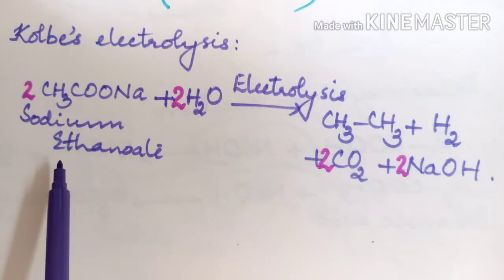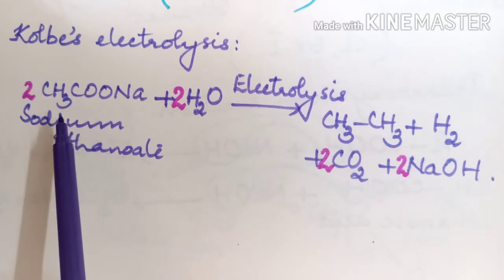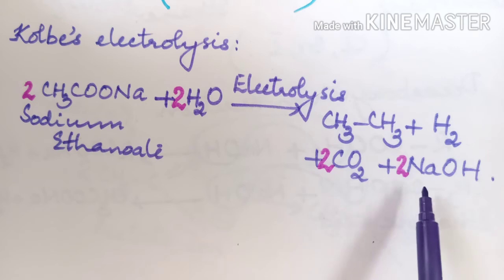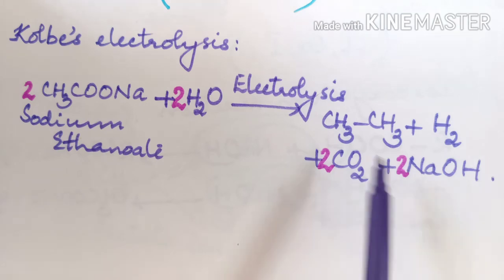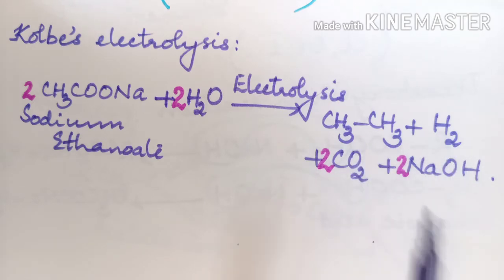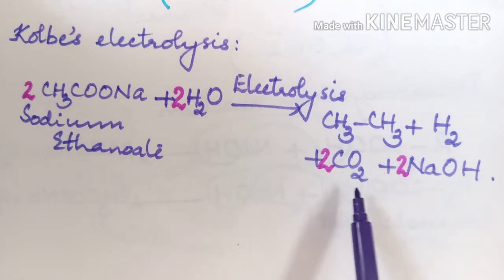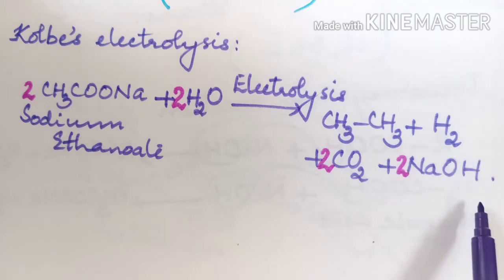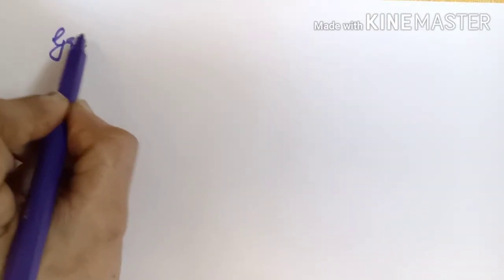In the electrolysis of sodium ethanoate, we got ethane, hydrogen, carbon dioxide and sodium hydroxide as the products. Ethane and carbon dioxide are obtained at the anode, whereas hydrogen and sodium hydroxide are obtained at the cathode. The next method of preparation of alkanes is starting from Grignard reagents.